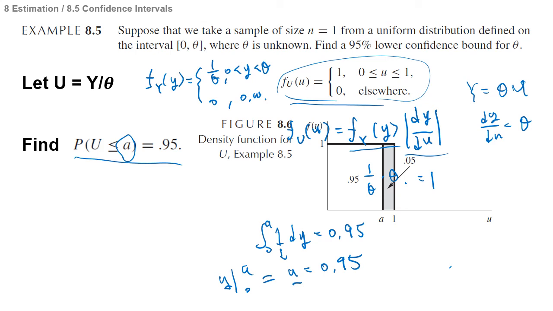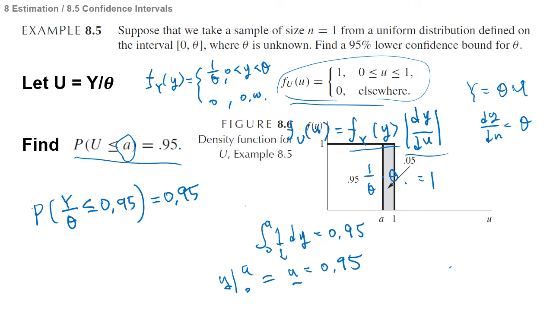So we can infer that the probability of y over theta less than or equal to 0.95 is equal to 0.95.